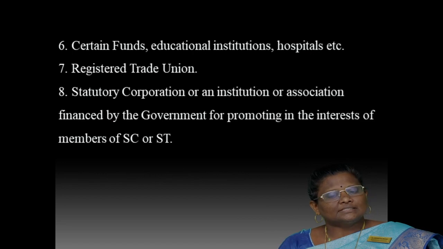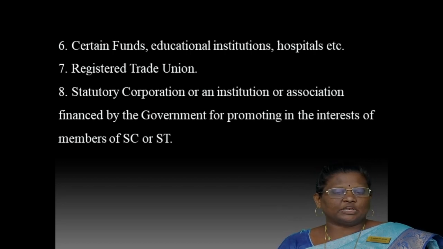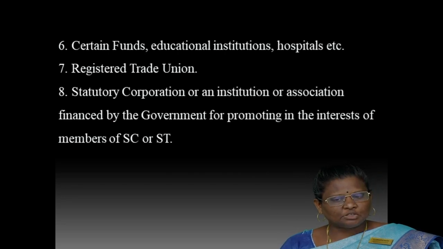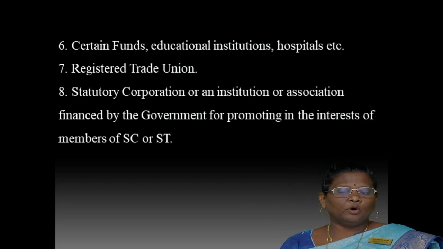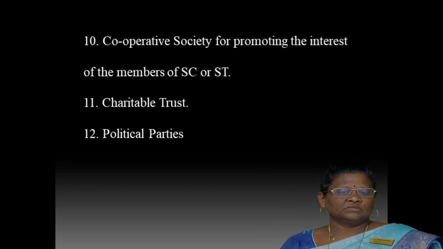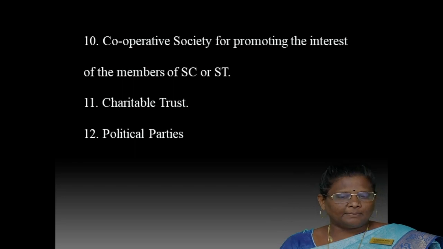Number six, certain funds, educational institutions, hospitals, etc. Number seven, registered trade union. Number eight, statutory corporation or an institution or an association financed by the government for promoting the interest of the members of SC and ST. Cooperative society for promoting the interest of the members of SC or ST. Number 11, charitable trust, and number 12, political parties.